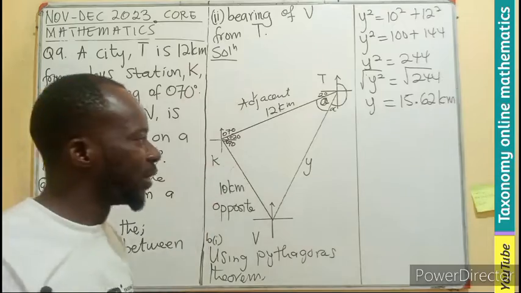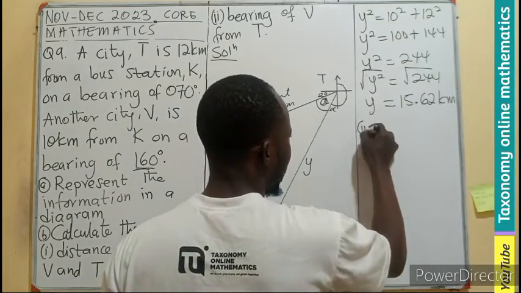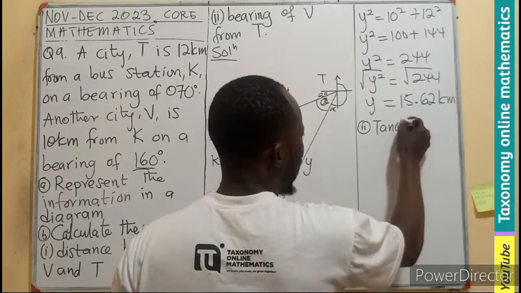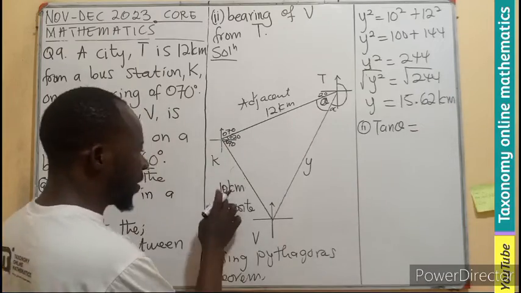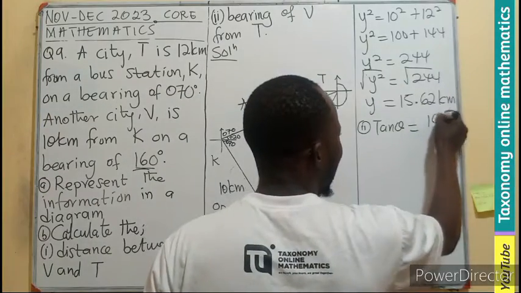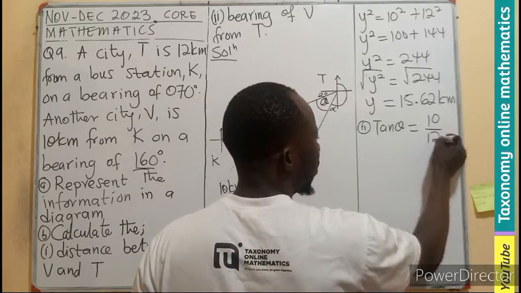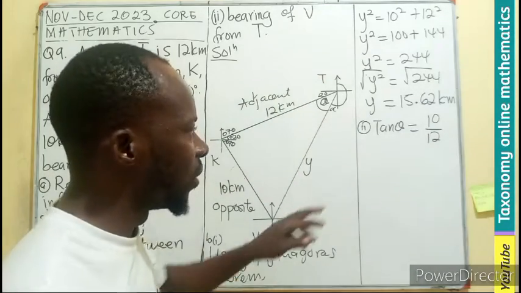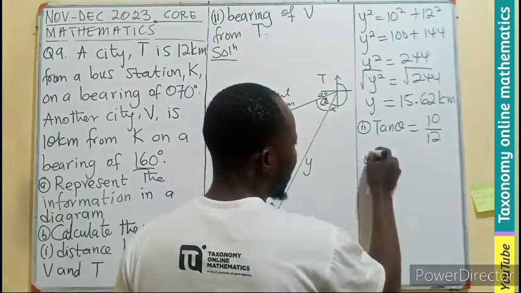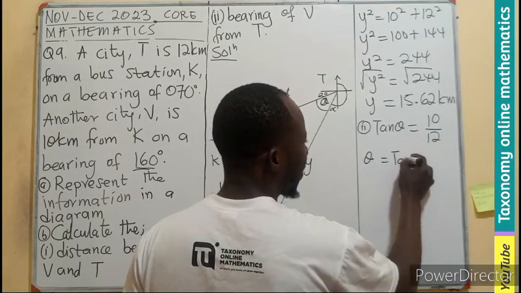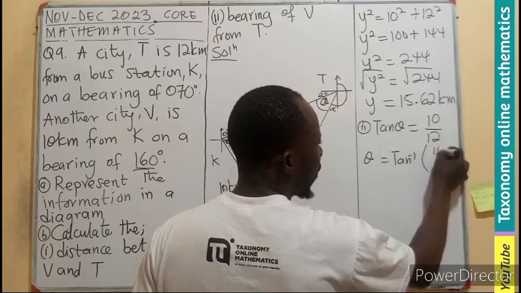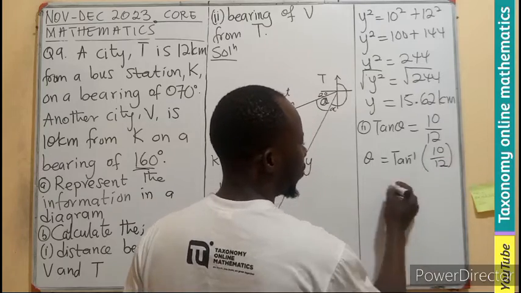I believe that will be tan. So tan of theta equals the opposite side, which is 10, divided by the adjacent side, which is 12. Our attention is on theta, so theta equals the tan inverse of 10 divided by 12.